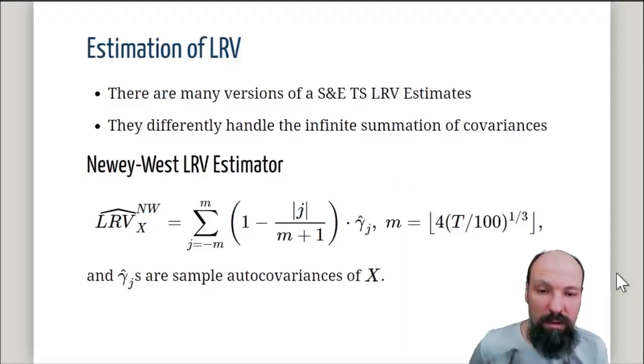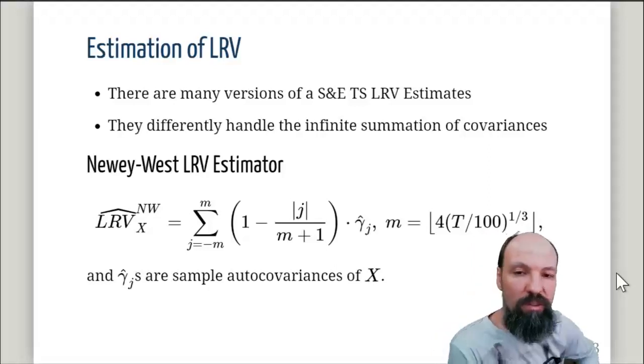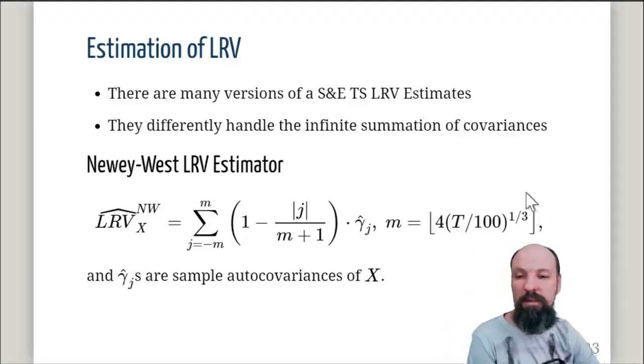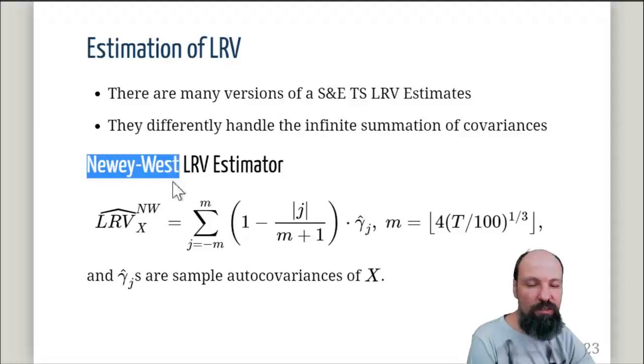The most commonly used estimator for long-run variance of stationary and ergodic time series is called the Newey-West estimator. If you watched enough of that online course on macroeconomic forecasting, you saw the NW correction, or NW HAC estimator, or NW correction for standard errors, and so on.